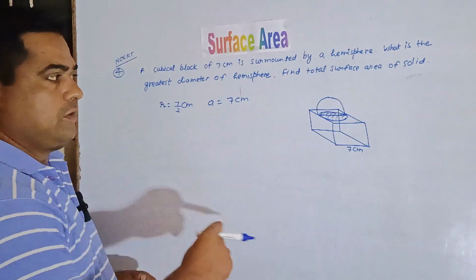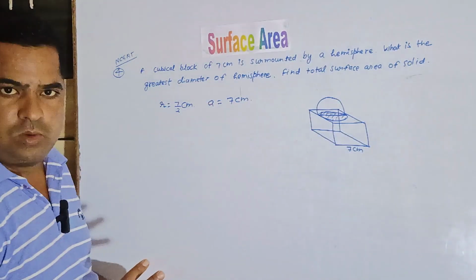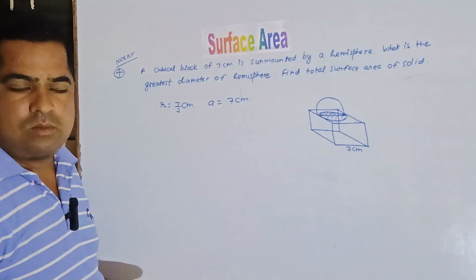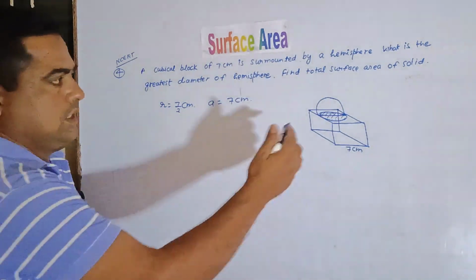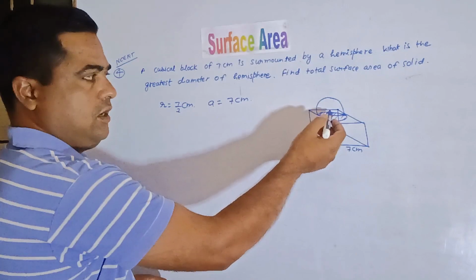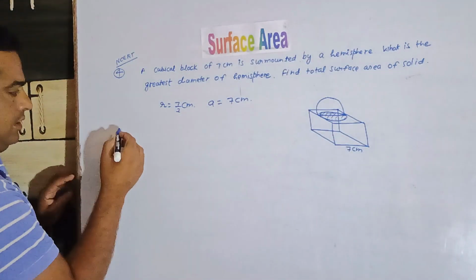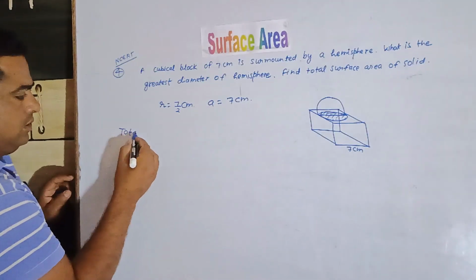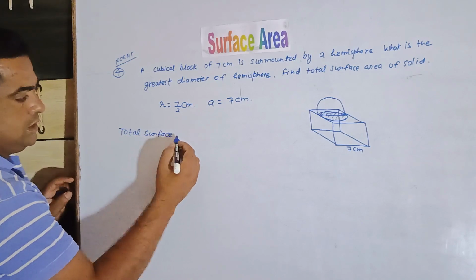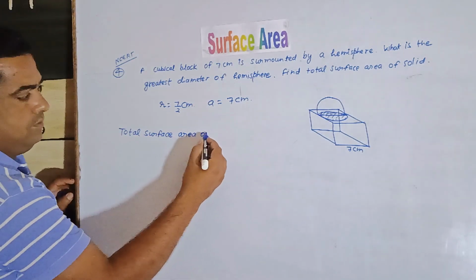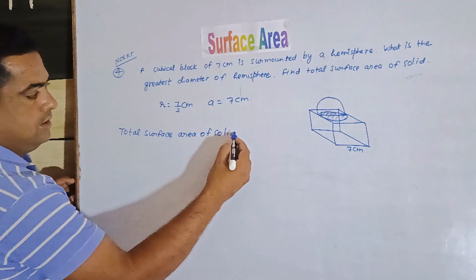So what is the total surface area? Surface area of cube minus area of circle plus curved surface area of the hemisphere. So we'll write here total surface area of solid, correct?